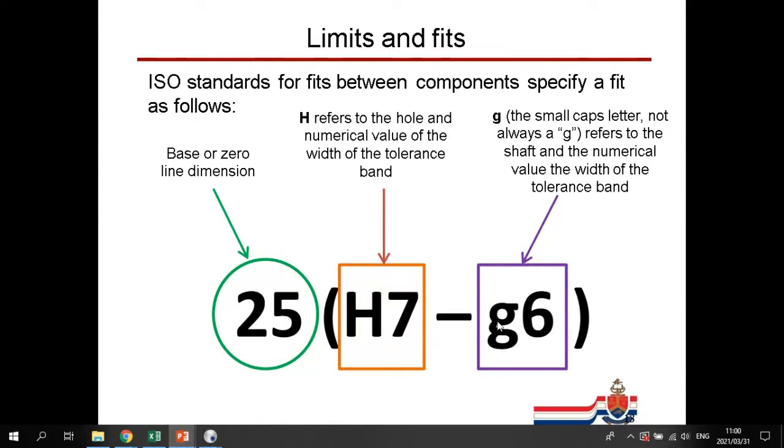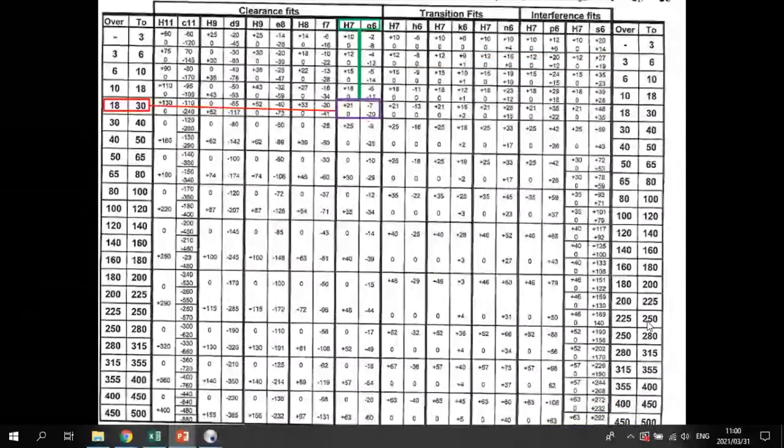The G is for the shaft. It's not always a G, it can be an N or whatever. And then the number is also for the band. Let me show you the table that these come from. So at the top of this table, you'll notice an H, a capital H with a small letter next to it.